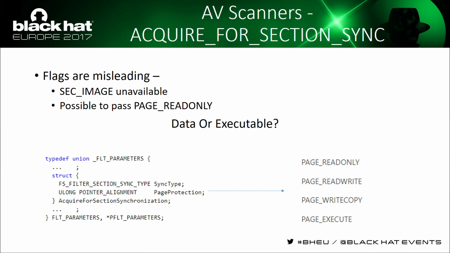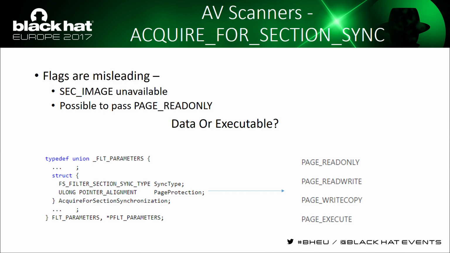But what actually happens is that the mini filter doesn't receive the section type; it only receives the page protection parameter. And there is a feature in Windows that if you manually map a section, not via the loader, you can pass any page protection other than execute.